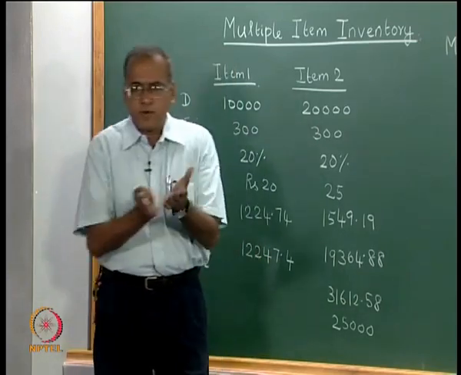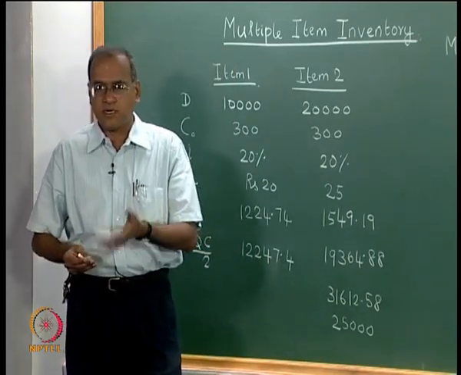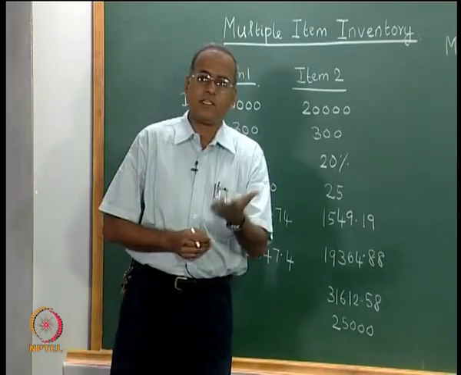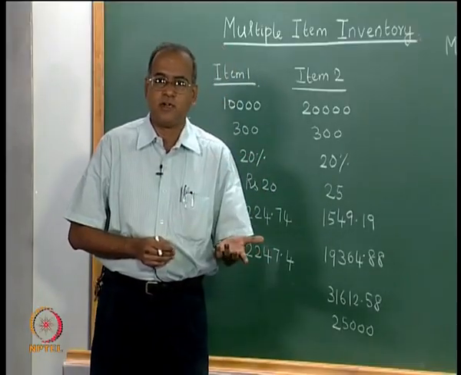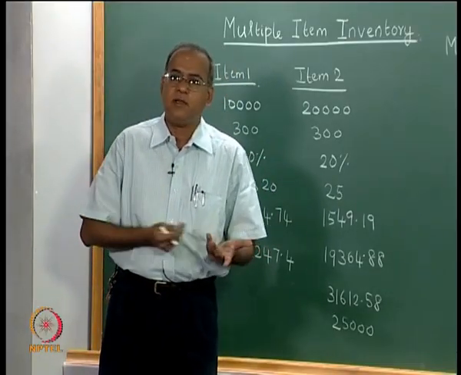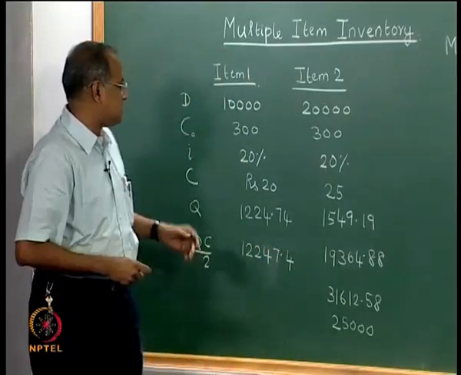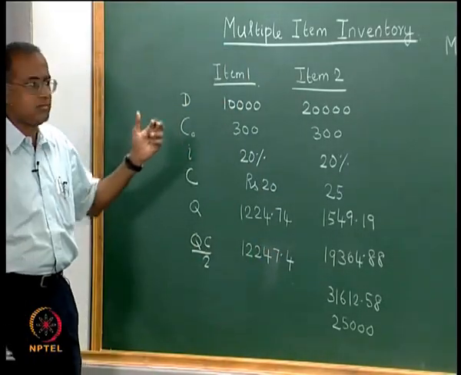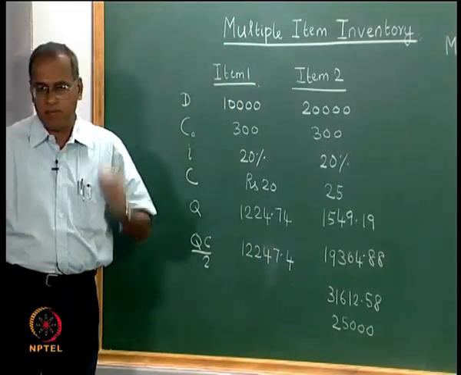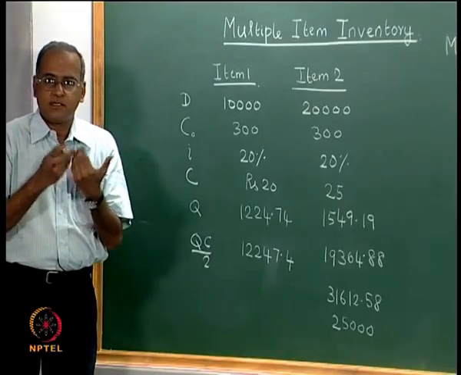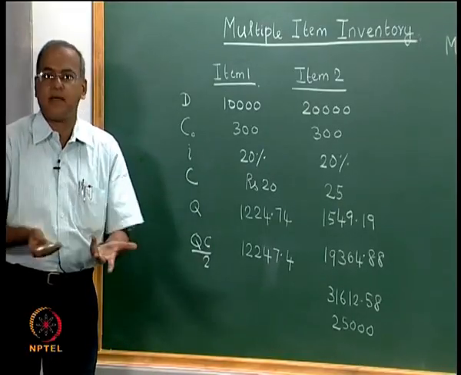Similarly, the transportation is essentially going to be through trucks, and if we assume that irrespective of the item that is transported, the truck cost is the same, then it is not unrealistic to assume that C naughts are the same. So, C naughts can be assumed to be the same.